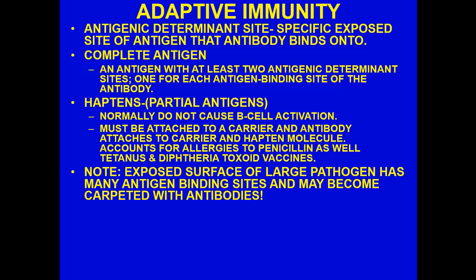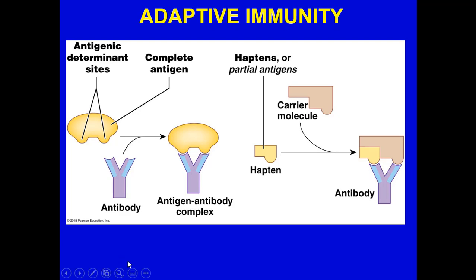Exposed surface of large pathogens has many antigen binding sites. And that's where you get into these images where you see one particular large bacteria carpeted with antibodies. Here's the idea, okay? Complete antigen here. You've got antigen determinant sites, bing, bing, and it attaches to the antibody.